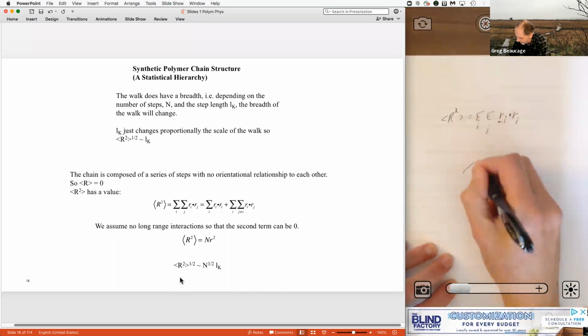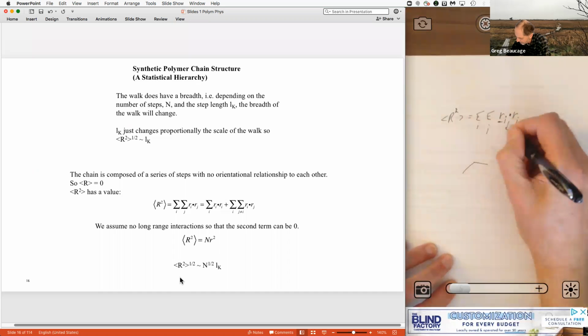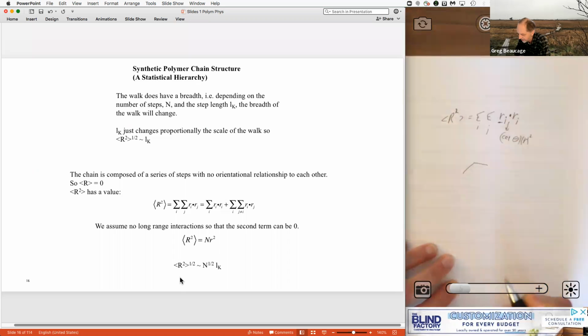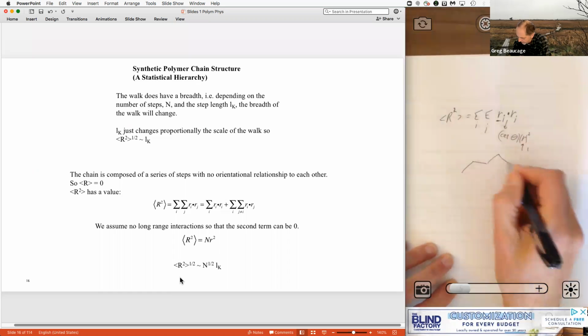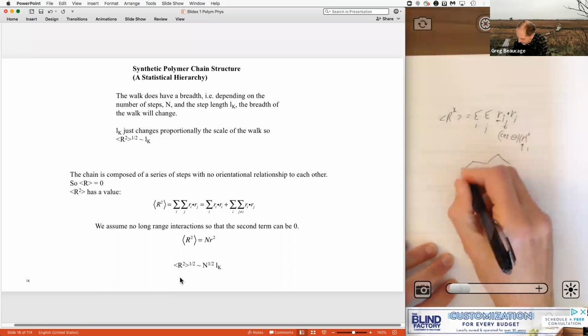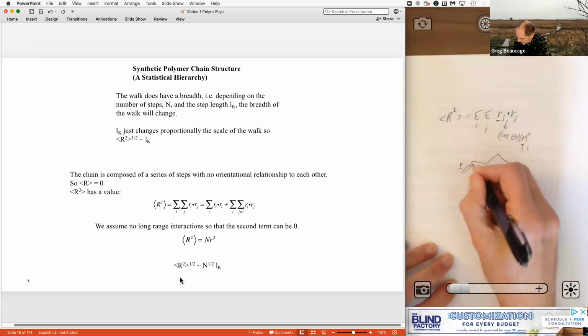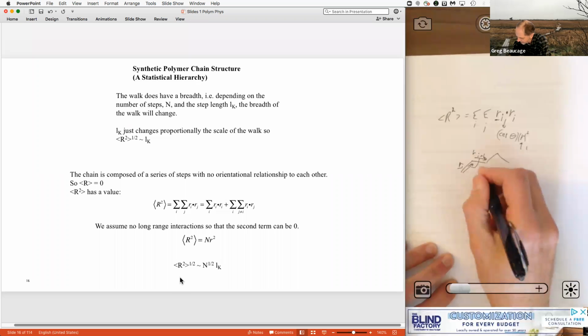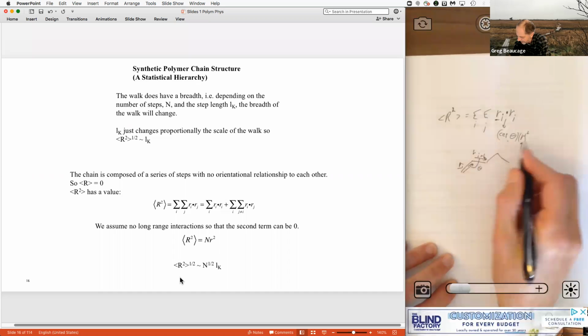The dot product is the cosine of the angle between two steps times the absolute value of the step squared, and our step length is 1 here. So we take our step, we have this R vector, and then another R vector, that's i and this is i plus 1, and we take the cosine of the angle between the two.